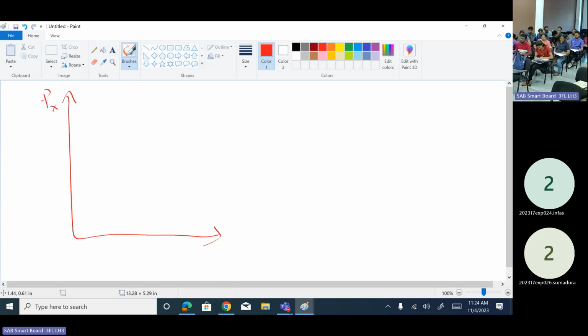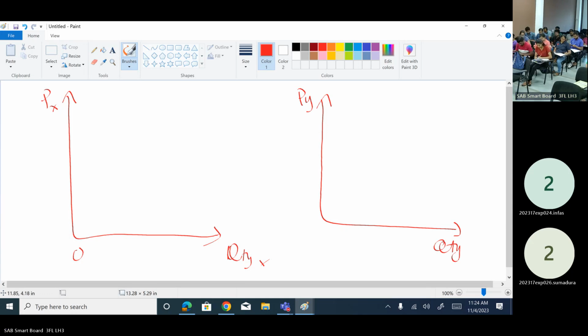So X, quantity of X, let's say price of Y, quantity of Y. Perfectly inelastic. Which way is it? Is it horizontal or vertical? Vertical.